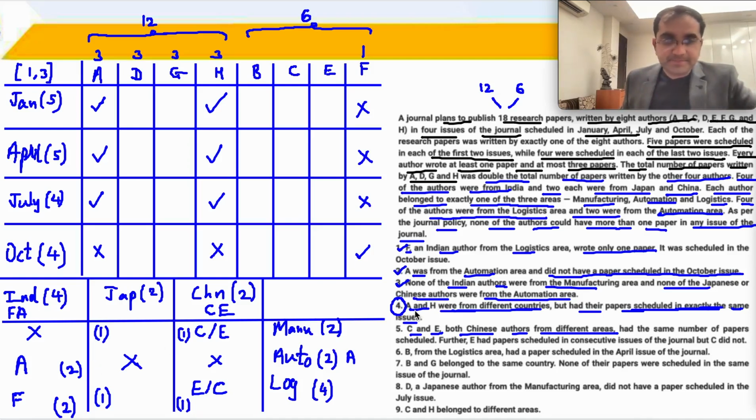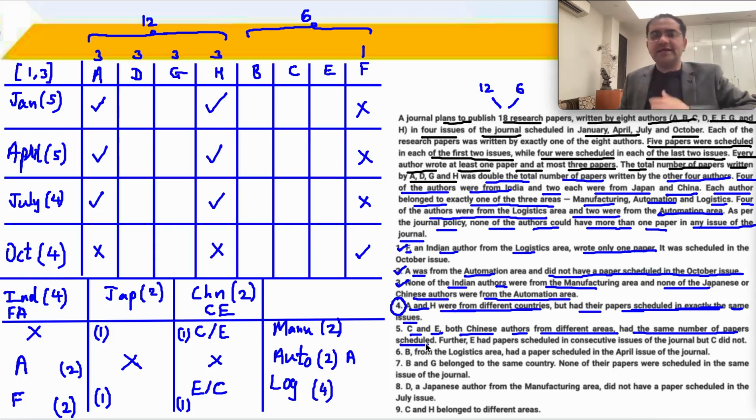I'm finding it straightforward at this point because the representation is so good. H, who is from a different country than A, will come to Japan because there is no space in China. Where exactly, we don't know.